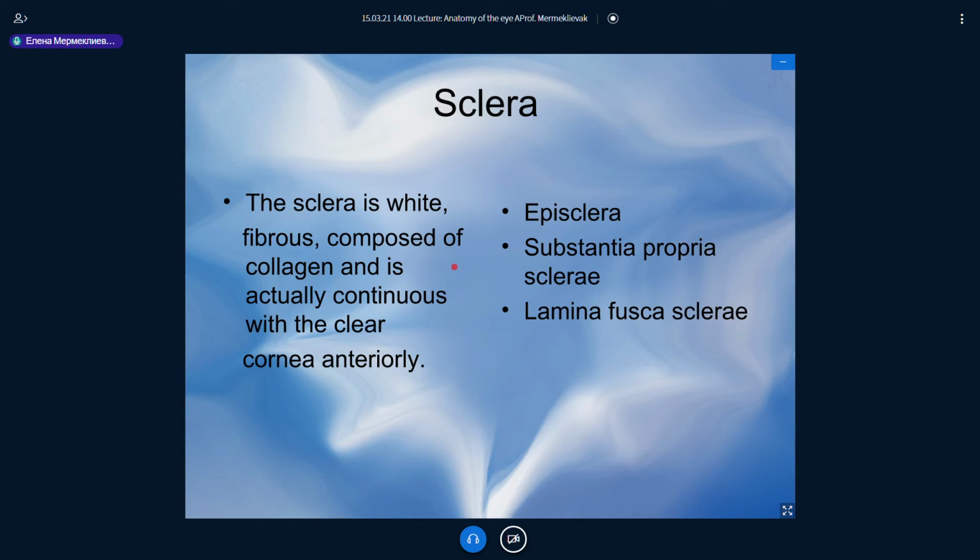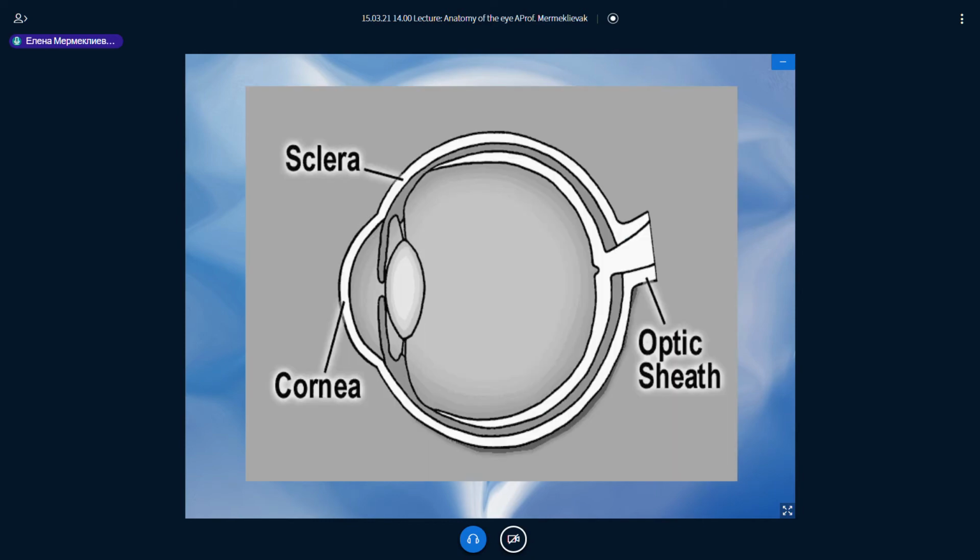The sclera. The sclera is white, fibrous, composed of collagen, and is continuous with the clear cornea anteriorly. It consists of episclera, substantia propria sclera or stroma, and lamina fusca sclera.